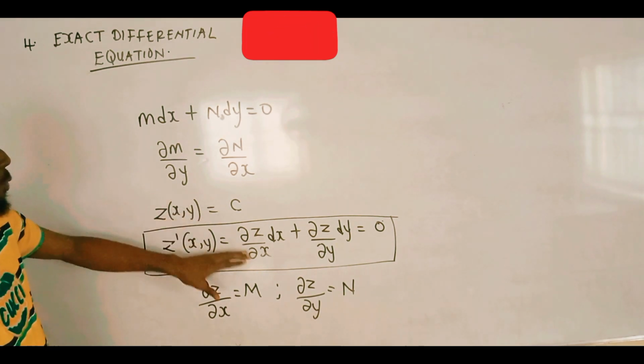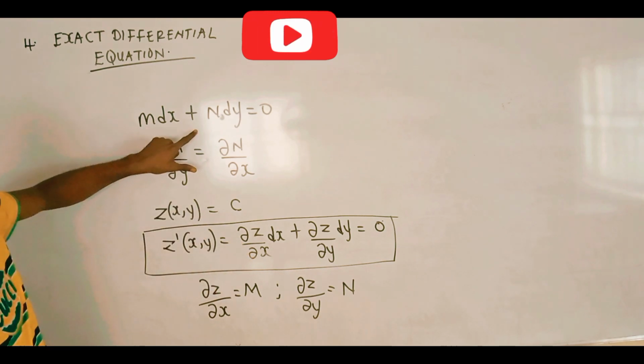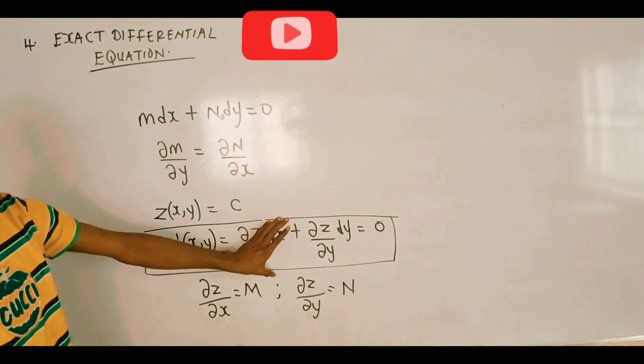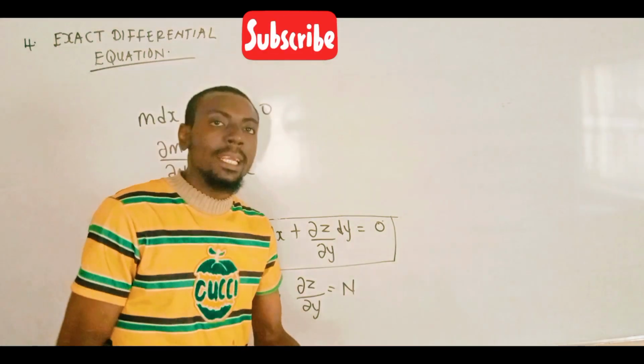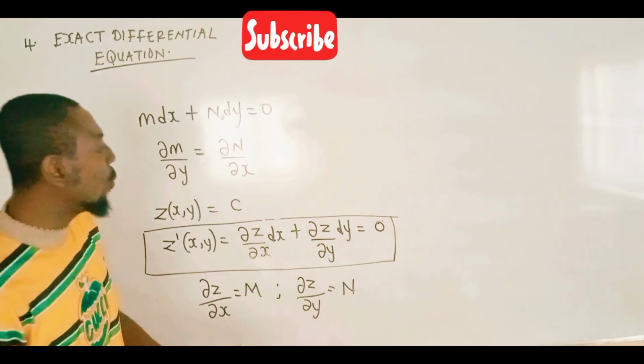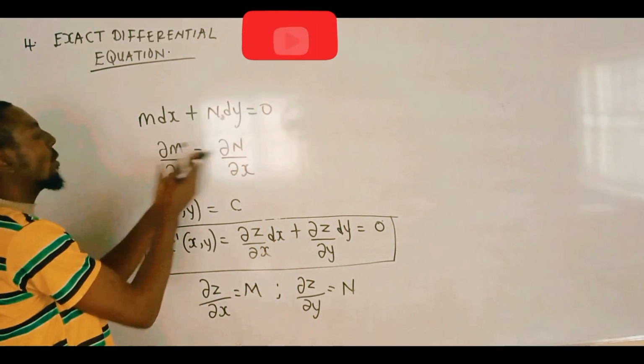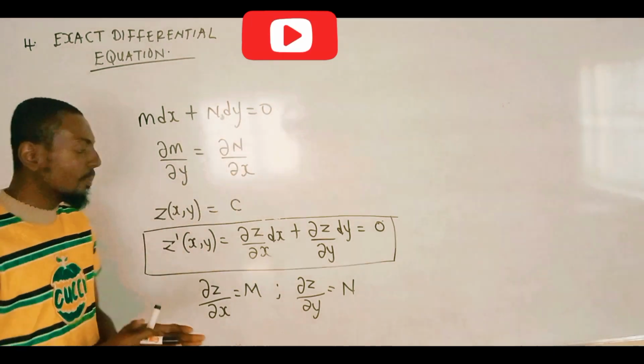From an implicit function, you represent it in this form, and that particular form you transform it to is now called the exact differential equation, if and only if this condition holds.